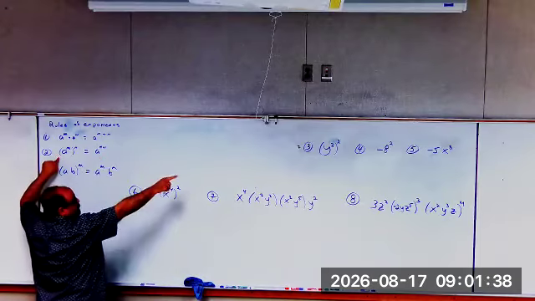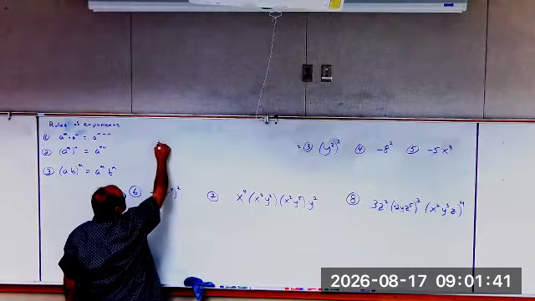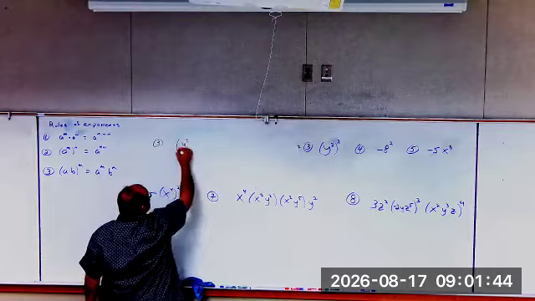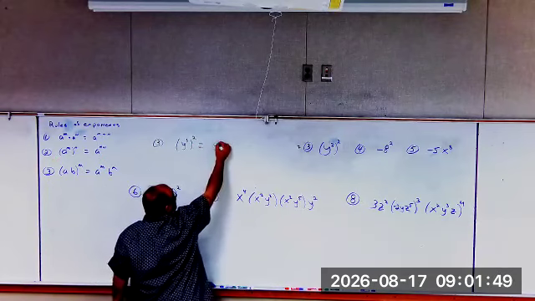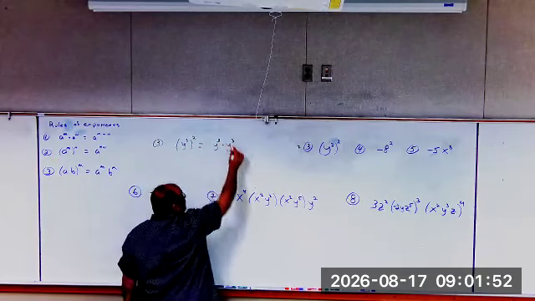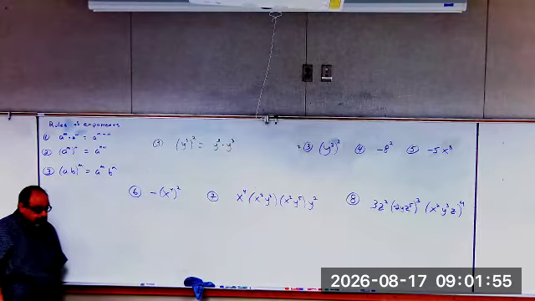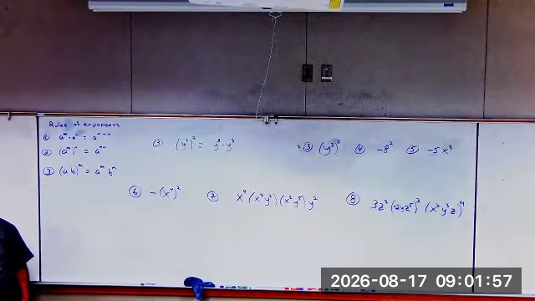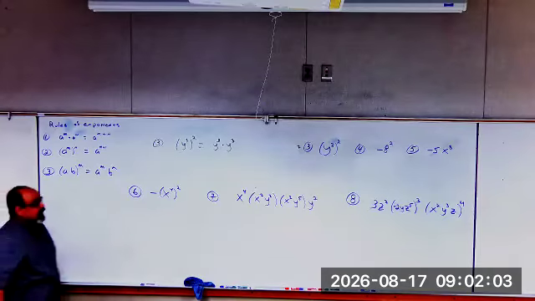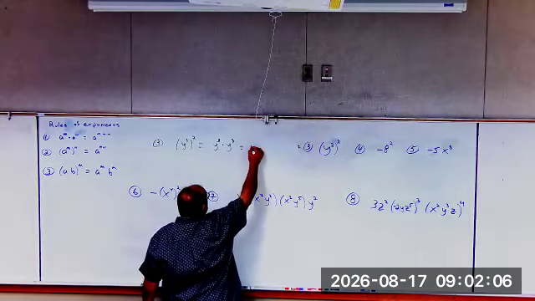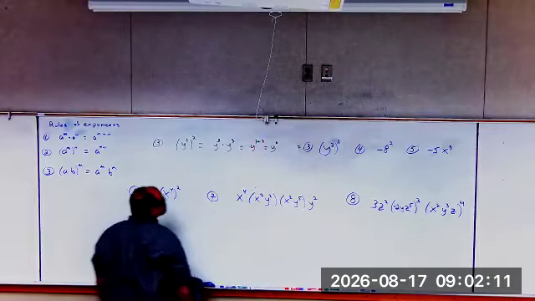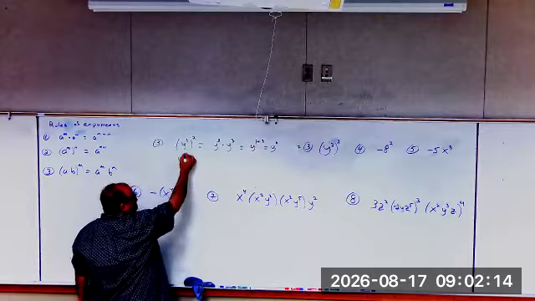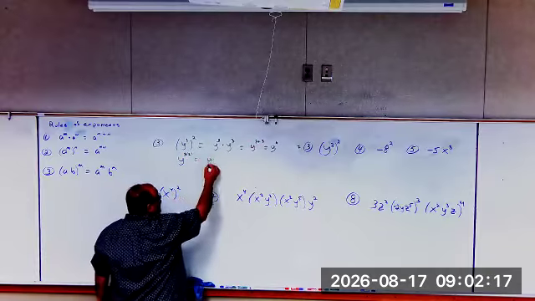If you have y to the 3rd and you're going to square it, what this means is y to the 3rd times y to the 3rd. That's what squaring means. Now we're just going to add those two exponents together. This is y to the 3 plus 3, and that's y to the 6, which is the same thing as y to the 3 times 2. That's y to the 6.